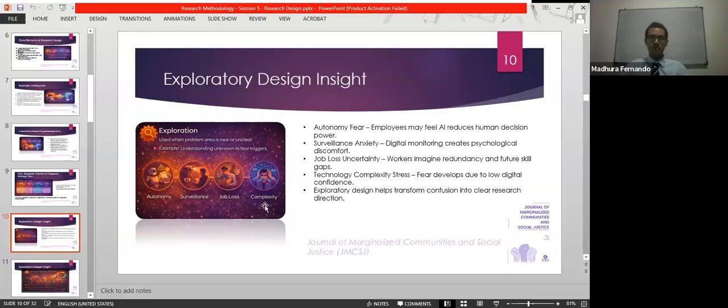Now you know what the problems are, what the fears are, and what the causes of these fears are. Everything you get to know once you do your initial studies, background studies. That is exploratory design insight.